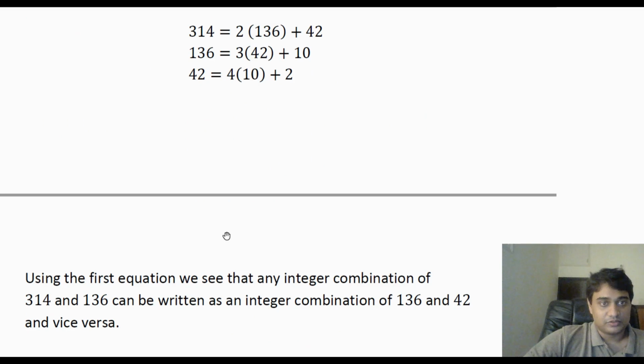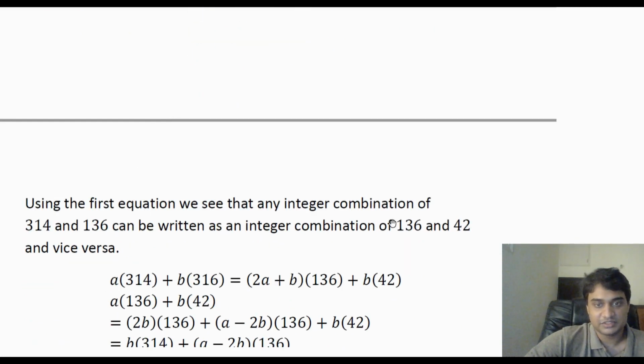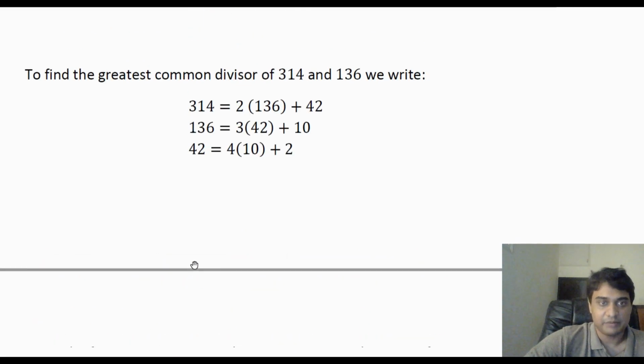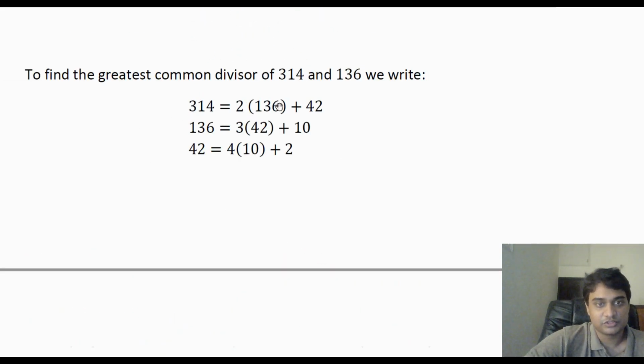Using this first equation, we can see that any integer combination of 314 and 136, which is A times 314 plus B times 136, can be written as an integer combination of 136 and 42, and vice versa, because A times 314 plus B times 136 equals (2A plus B) times 136 plus A times 42, because 314 equals 2 times 136 plus 42.